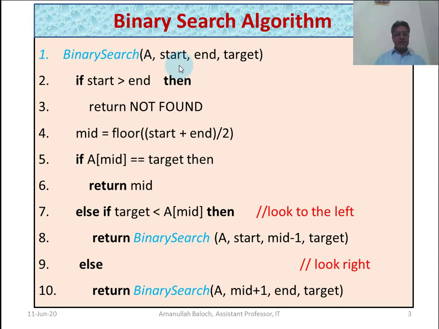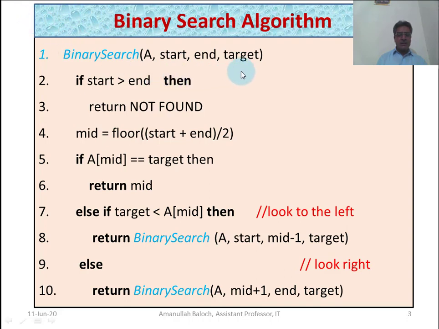It means 50% of the elements will be left in one iteration, and in the next iteration a further 50% of 50%, that is 25,000, will be left, and 25,000 will be considered for searching the target value.